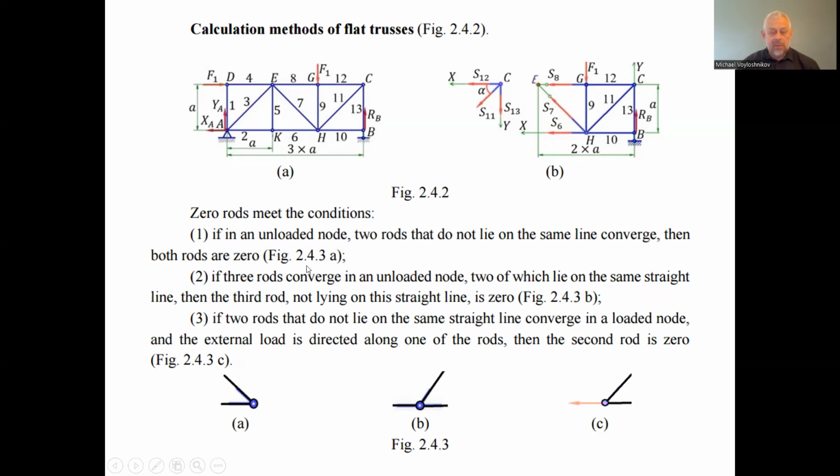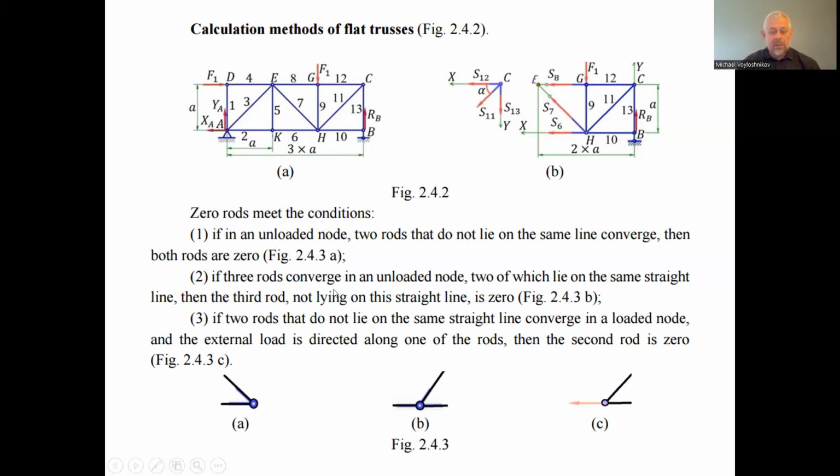So, for example, here on draft 2.4.3a, we have two rods connected in a hinge. The two rods do not lie on the same straight line, and the hinge, the node of the truss, is not under any external force, not loaded. So these two rods are zero rods.